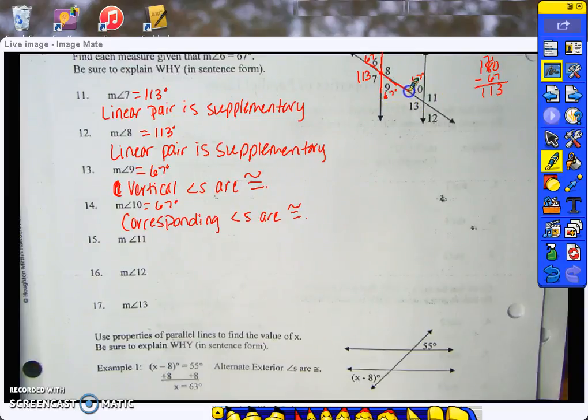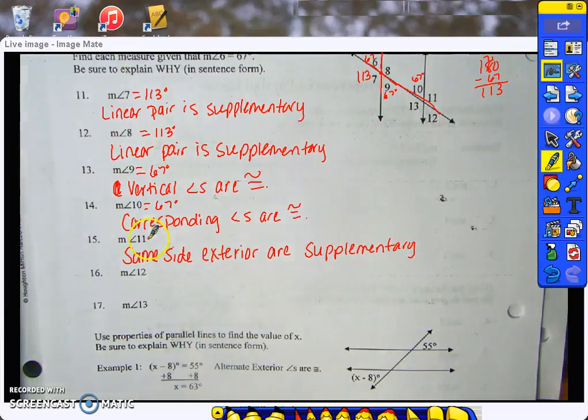6 and 11 are on the same side of the transversal on the outside of parallel lines, which means that they are the same side exterior, which means they are supplementary. And supplementary angles, when you add them together, they equal 180. So I'll do 180 minus 67 and get that.